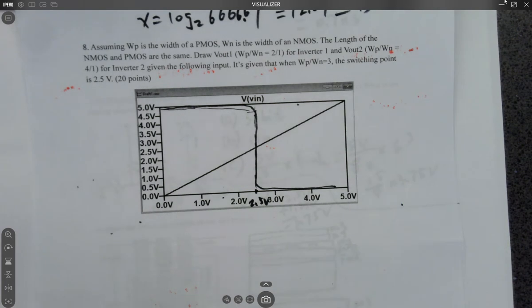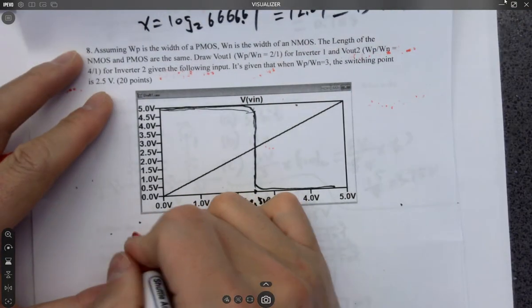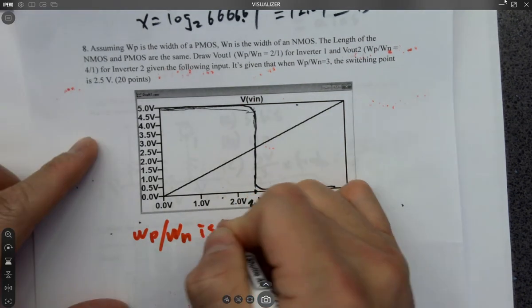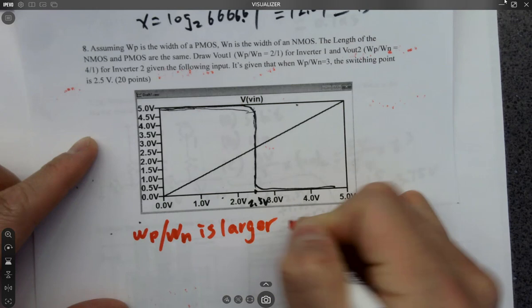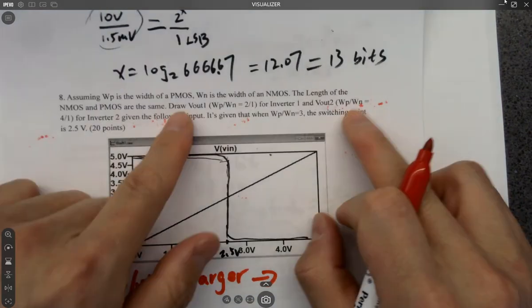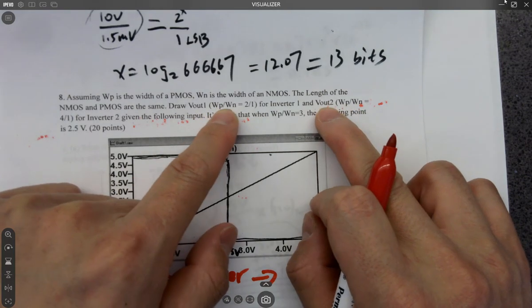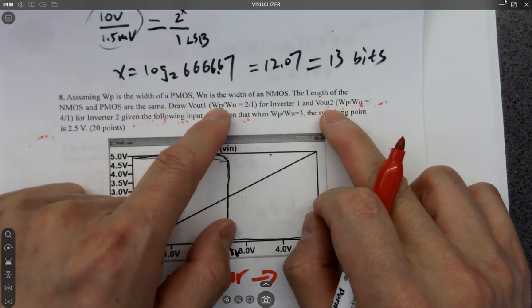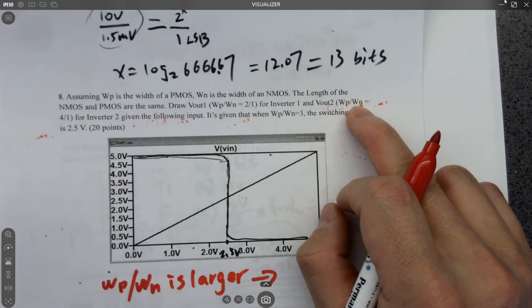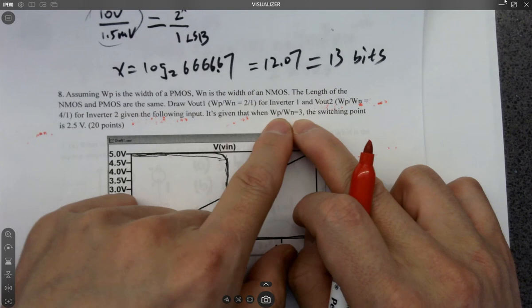So in that case, if WP over WN is larger, what does that mean? Compare these two different inverters, V1 and V3. One has WP over WN of 2, another has WP over WN of 4, and the middle one I told you here is 3.